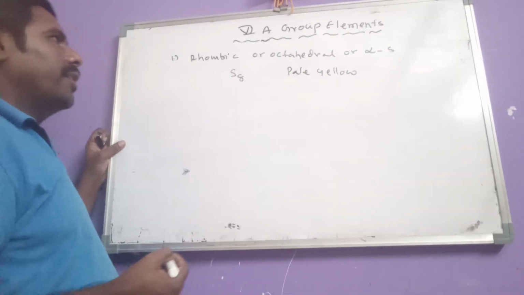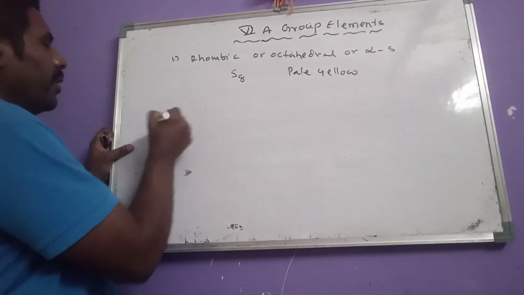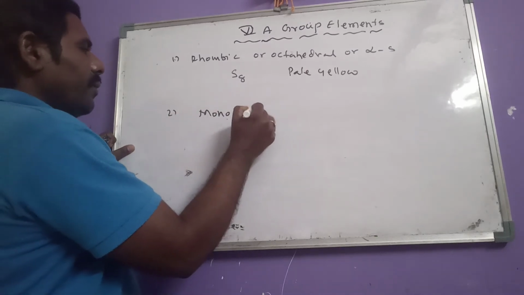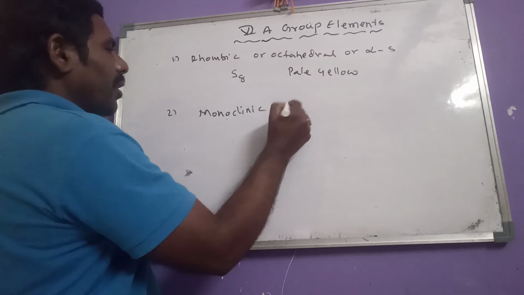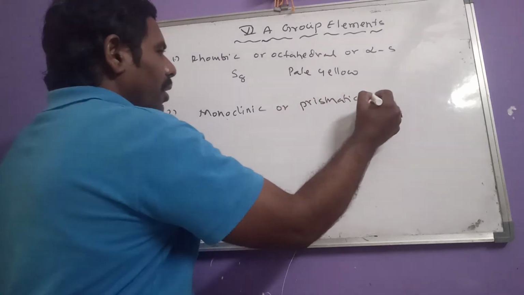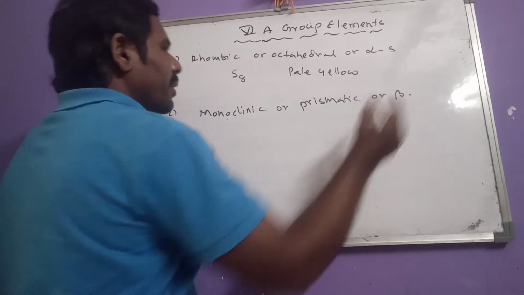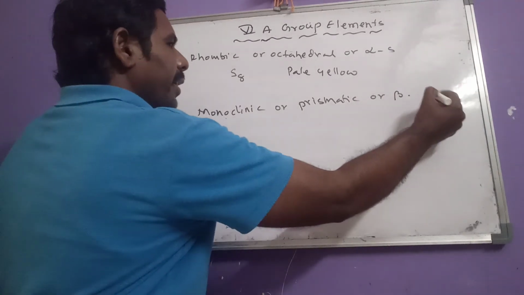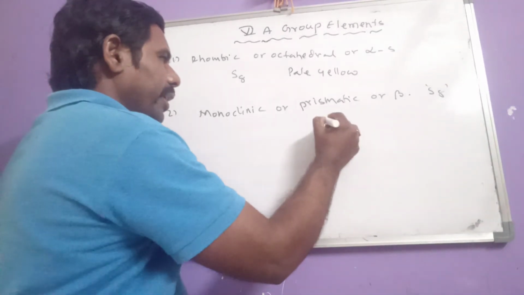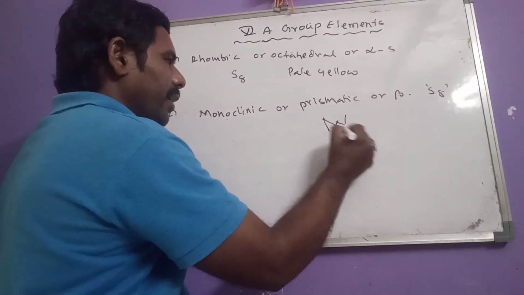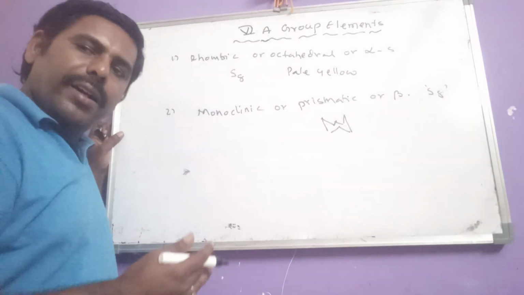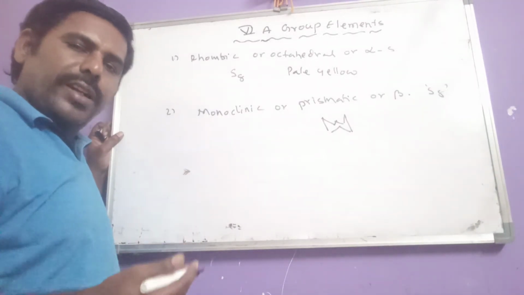And the second one is monoclinic sulfur, or prismatic sulfur, or beta sulfur. This also has S8 puckered ring structure, or we can say crown type of structure, both of these. That is called puckered ring or crown structure.